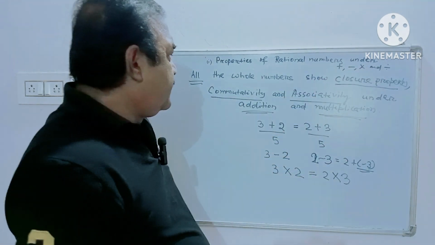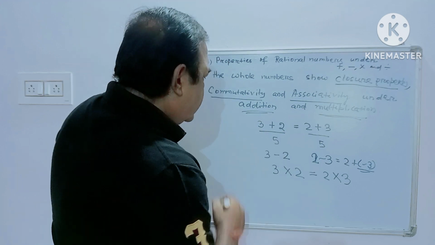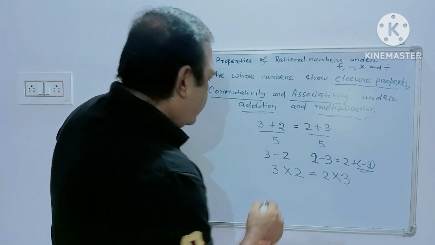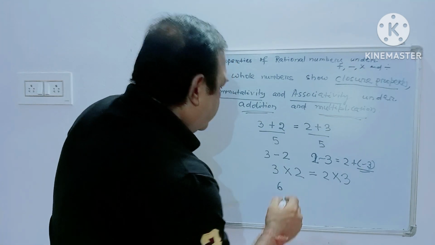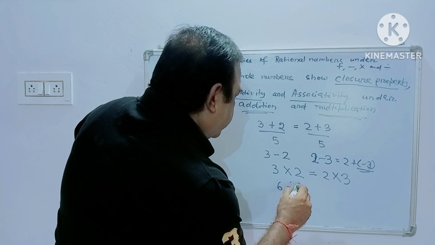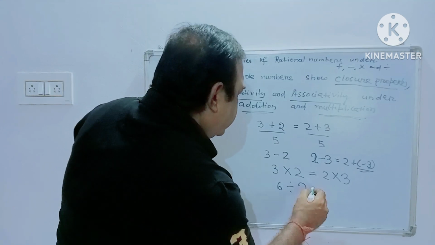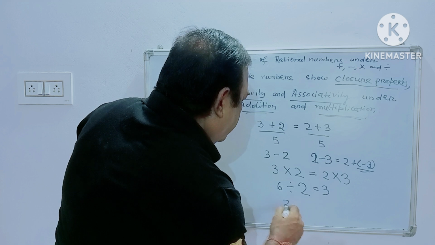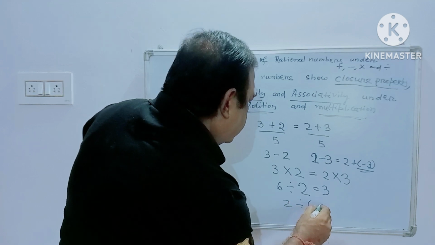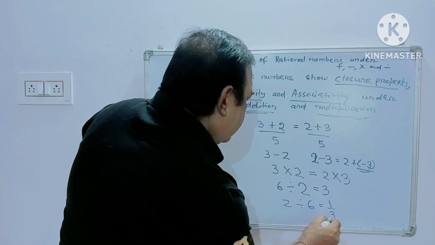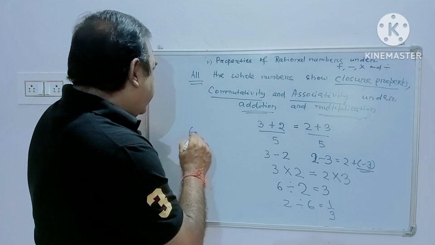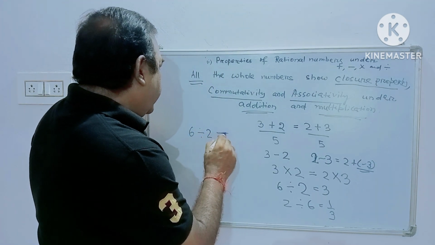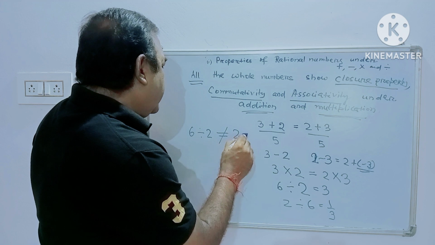Then come to division. Suppose I take 6 and 2. 6 divided by 2 is 3, but 2 divided by 6 is 1 by 3. So 6 divided by 2 is not equal to 2 divided by 6.